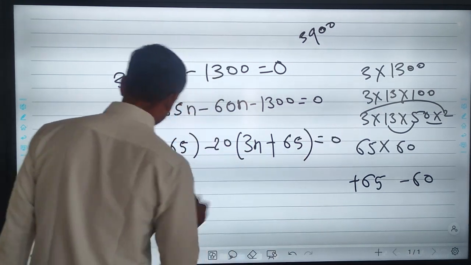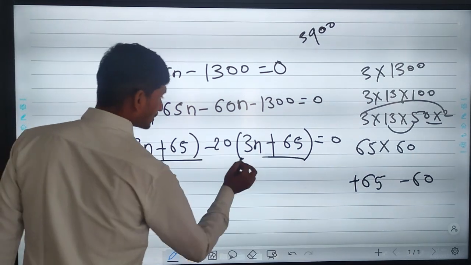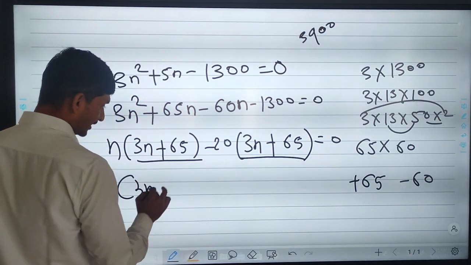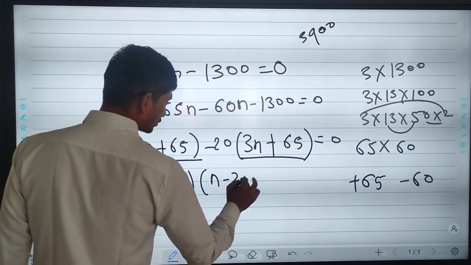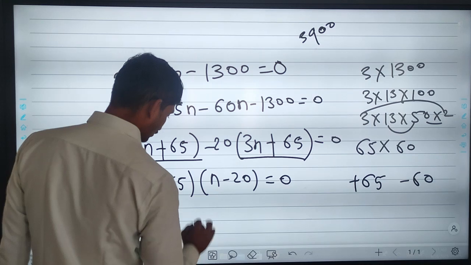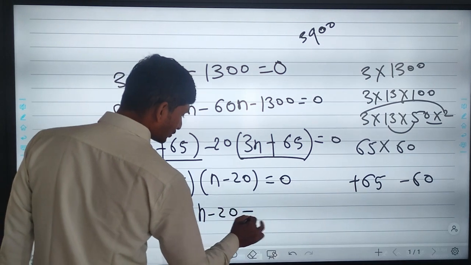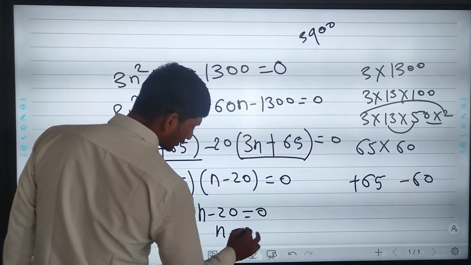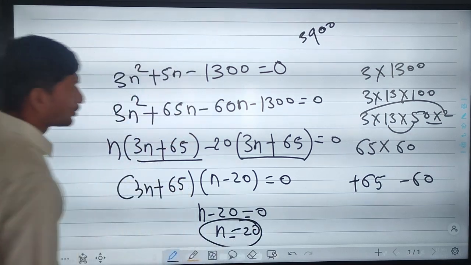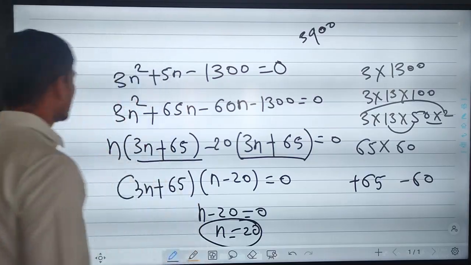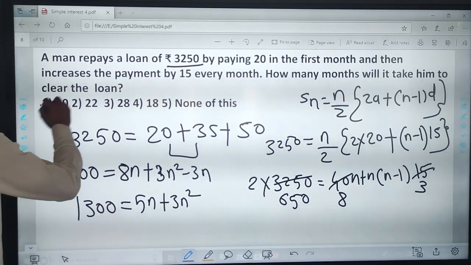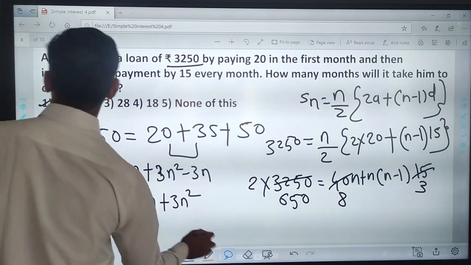These are the same. Then (3n plus 65) into (n minus 20) is equal to 0. Then n minus 20 is equal to 0, so the value of n is 20. Your total installments are 20. Now next.